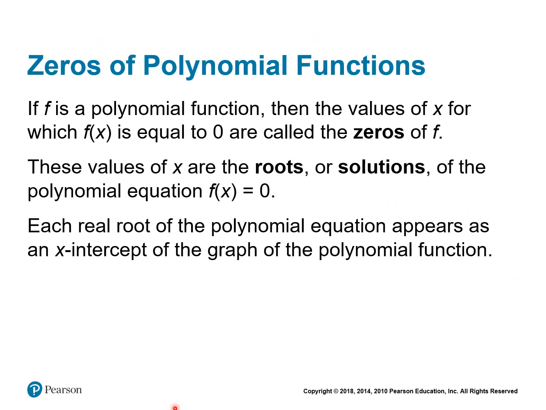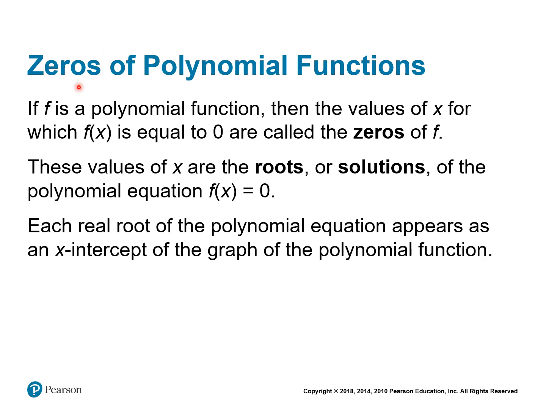Now that we know how to find the behavior of the extreme ends of a polynomial graph, the next thing that we need to figure out are the x-intercepts of the graph, the points where the graph will intersect or cross the x-axis. All right.